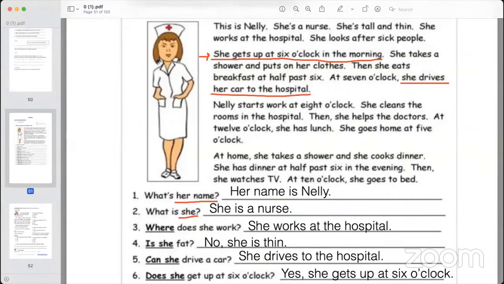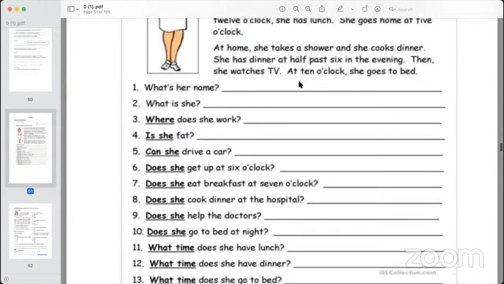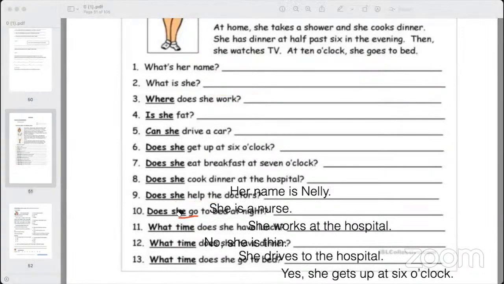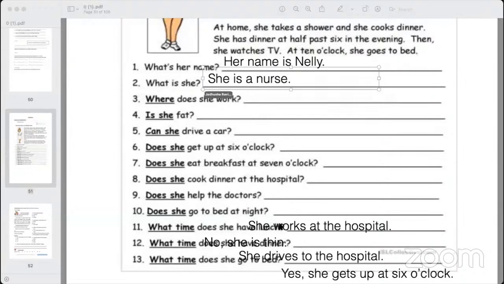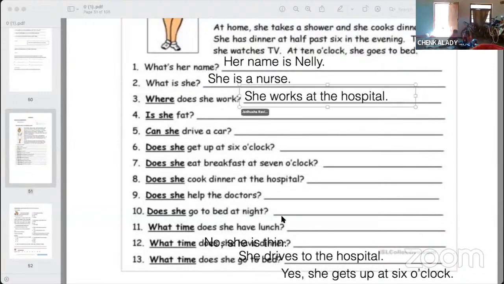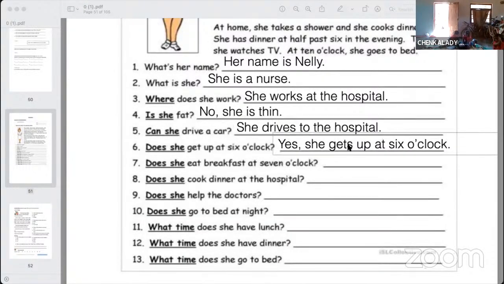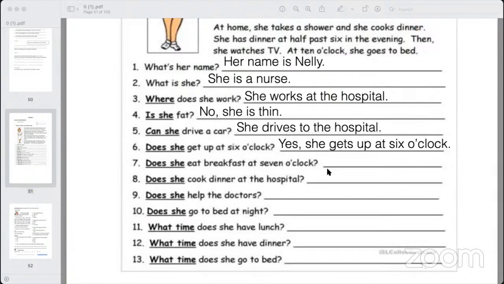Okay, so I'm going to move on to the next question. Number 7, does she eat breakfast at 7 o'clock?